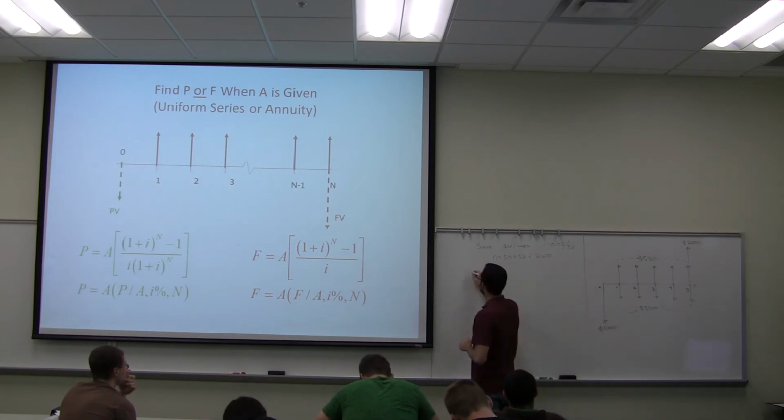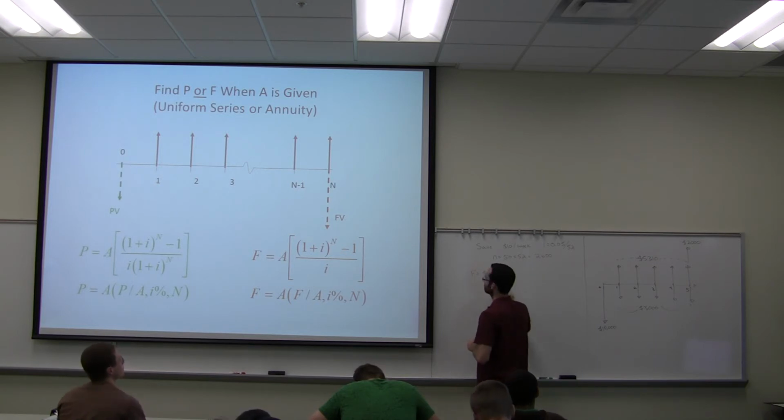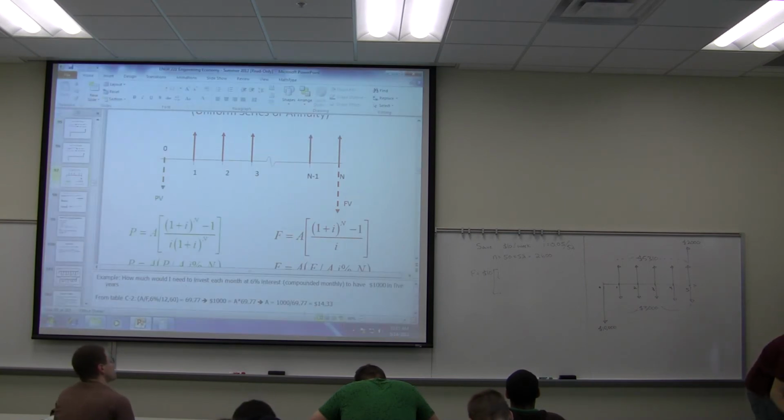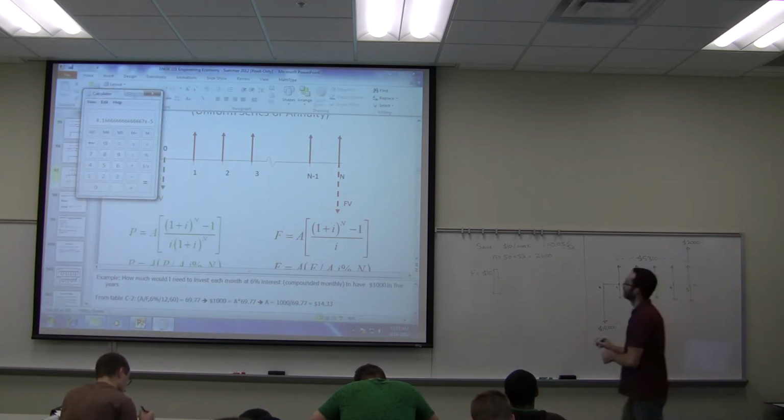Okay, so the future value of saving $10 per week. What is 0.05 divided by 52? 0.000962.